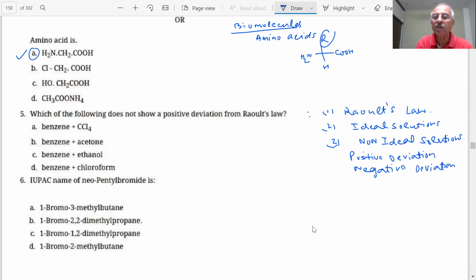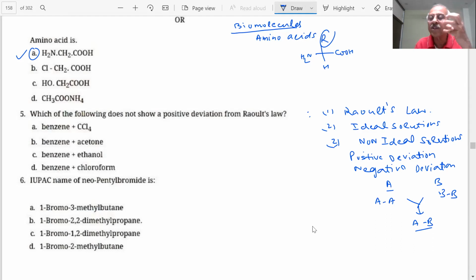We already explained to you, students, it depends on if there are two components, A and B. When you mix the two, when you form a solution, what will happen? If I mix A and B, you have AB interactions. If AB interactions are similar to AA and BB interactions, it is going to be an ideal solution.